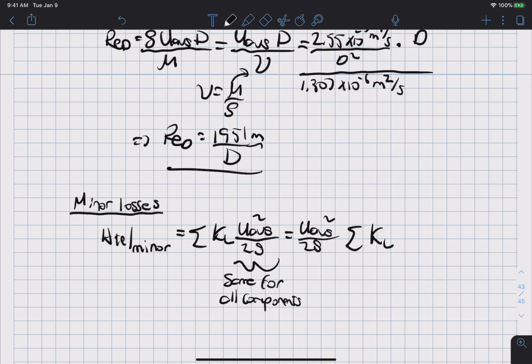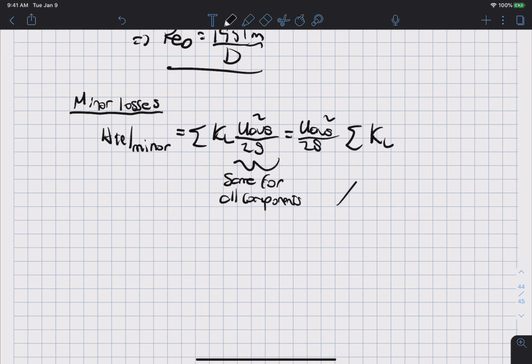So now we need to find the sum of all the loss coefficients for all of our components. And so now we kind of make a bill of materials. Here we have 6 90-degree threaded elbows, and the K_L for them is 1.5 each, and that's from table 8.2.